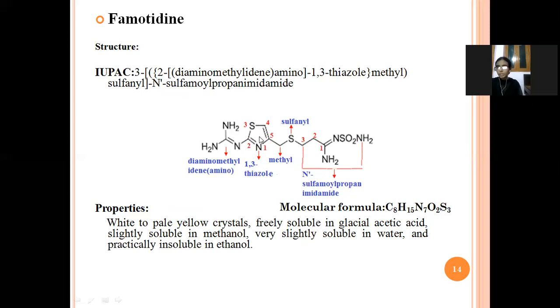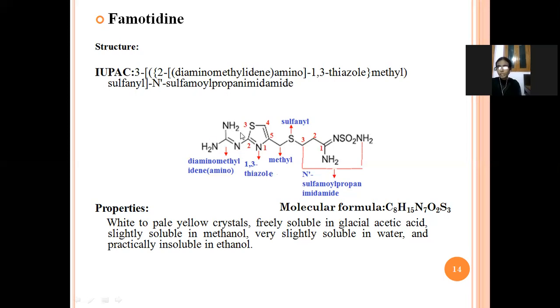So this is the structure of the thiazole. In thiazole, thia means sulfur and aza means nitrogen. So in the first position is sulfur and in the third position nitrogen, so it is a 1,3 thiazole. Here in the second position a diaminomethylidene amino group is there. See here, the amino group is attached to the methylidene.